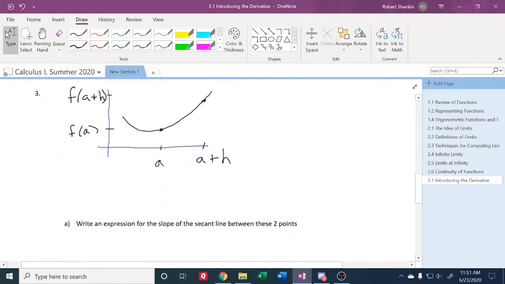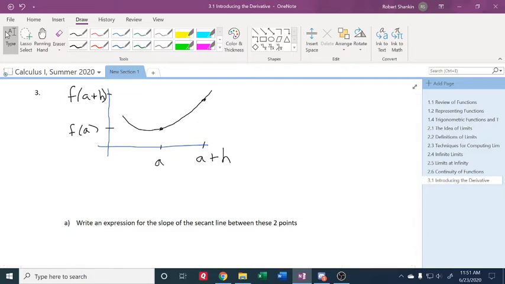Now, let's look at it in a different manner. Practice quiz, problem number 3. We have A, f of a for this point, a plus h, f of a plus h. The same two questions. Write an expression for the slope of the secant line. A couple of you put down, need a little more practice. Well, here's a little bit more practice.